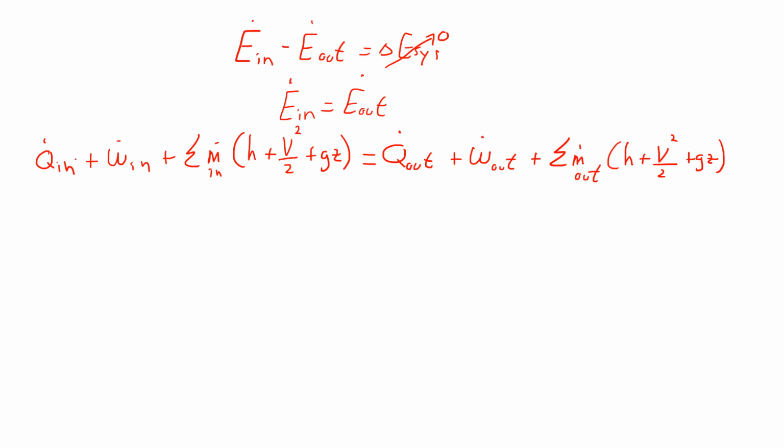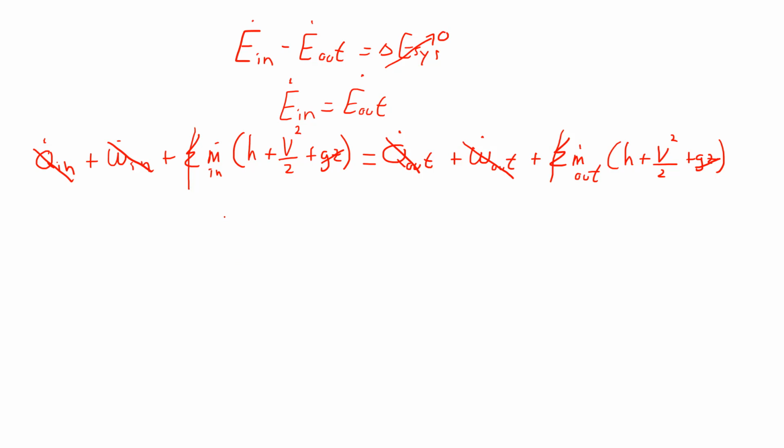Now in this problem, there is no heat flow, it's adiabatic. There's no work flow, and there's only one mass flow rate, so I'm going to take away the sum sign. And we're going to assume the change in potential energy of any fluid in and out is 0.